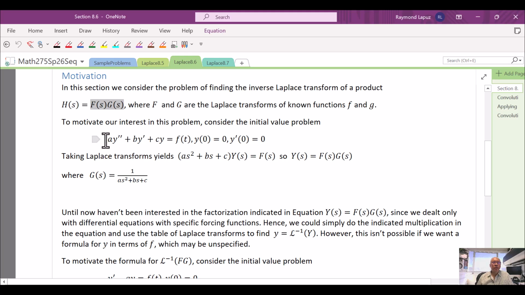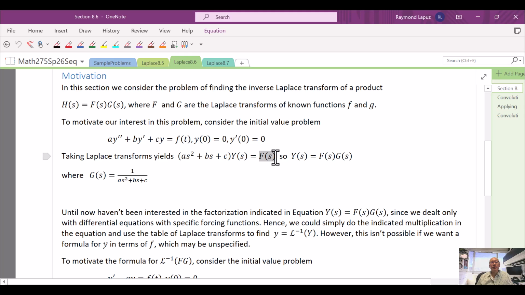So here's their motivation. You have a second order differential equation with some forcing function and some simple initial conditions that are all equal to 0. And so this transforms to Y times this quadratic, as squared plus bs plus c.